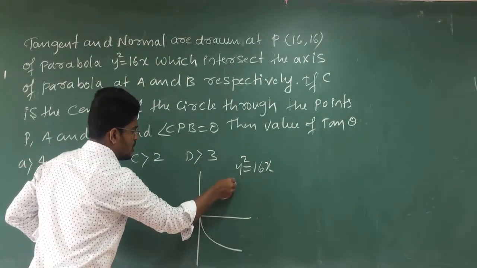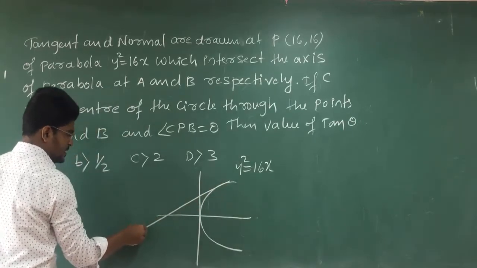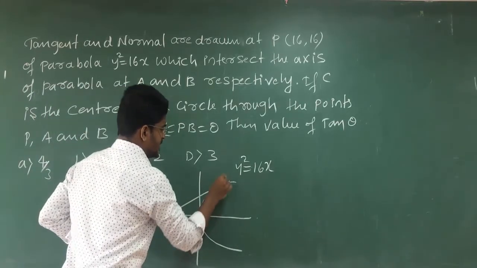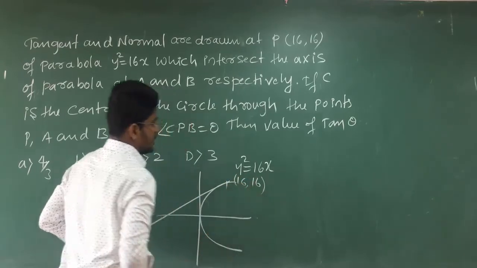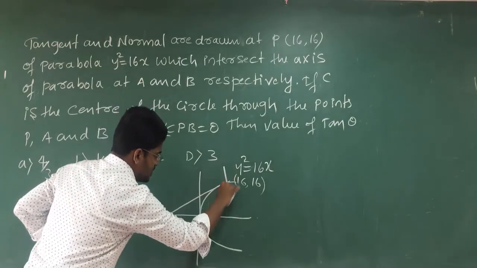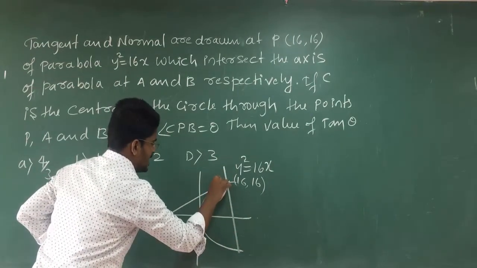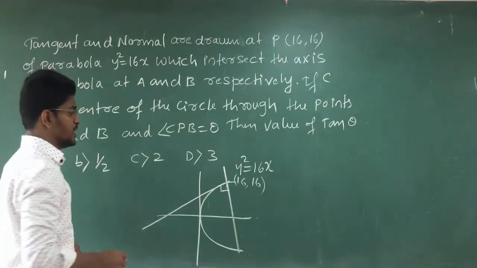So what I will do? I will draw a tangent at (16, 16). This is a tangent and this is the normal, where the angle is 90 degrees. Clear?